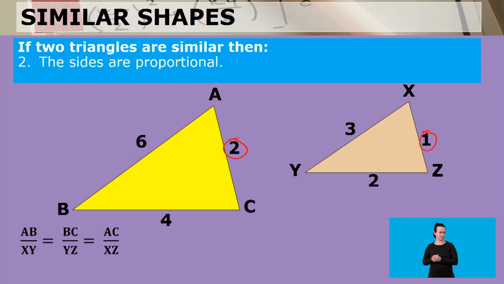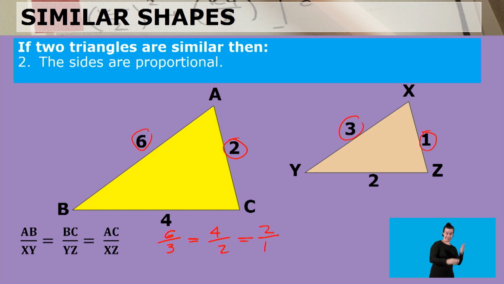Side AB is 6 units, and side XY is 3 units. If you look at AB, you would write 6 divided by 3, which would be equal to BC, which is 4, divided by 2, and equal to AC, which is 2 divided by 1.